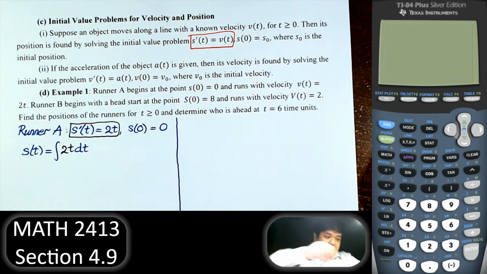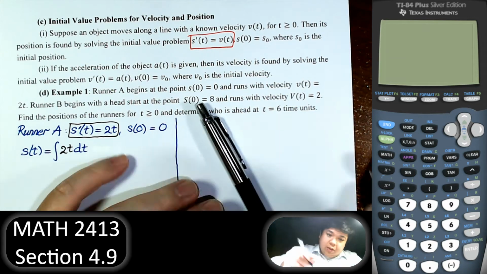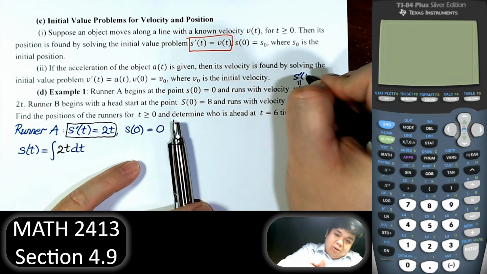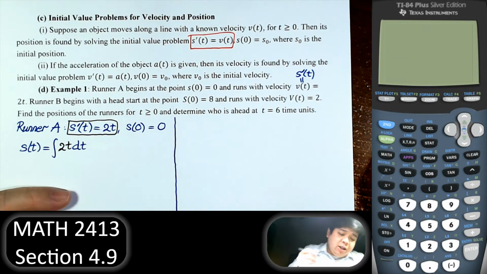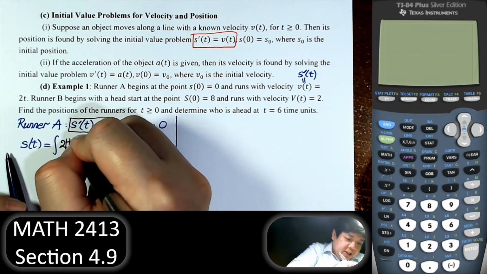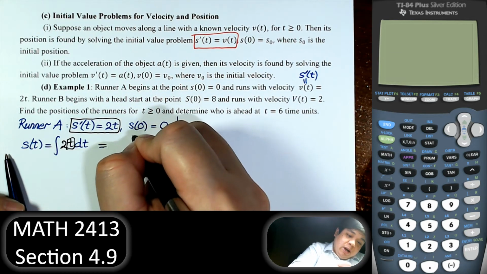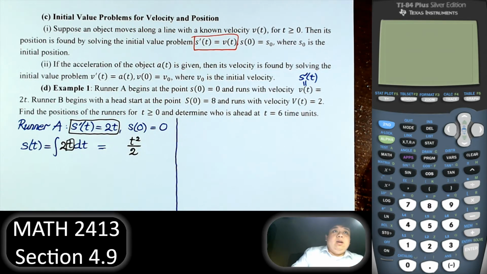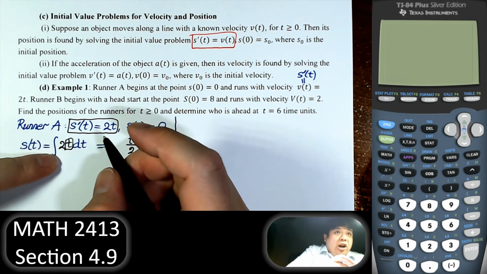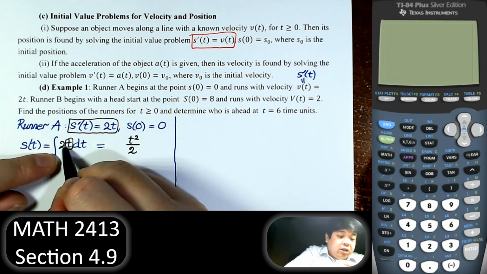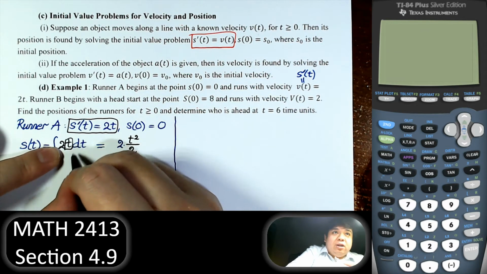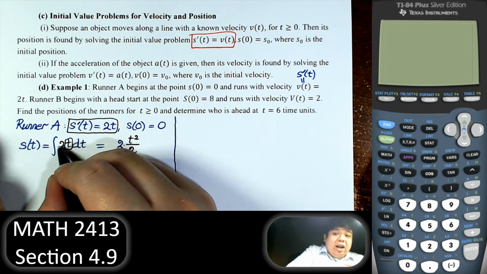Velocity is equal to the derivative of the position function. Apply the power rule for 2t. The power rule for t is t squared over 2, right? And then the 2, we don't apply another power rule to it because they multiply together. It is the constant multiplier, so we only apply the power rule for the power of t.